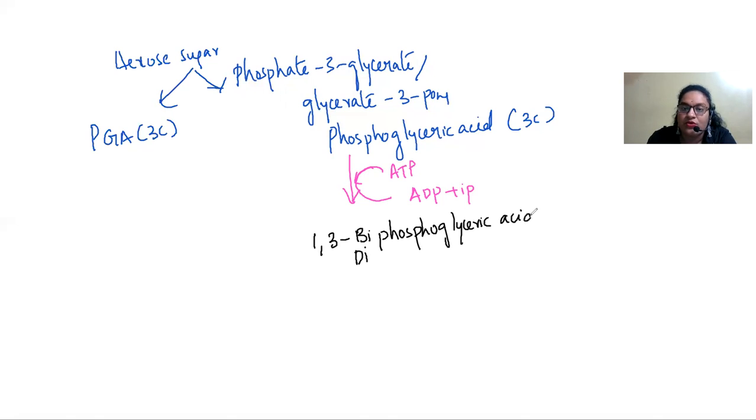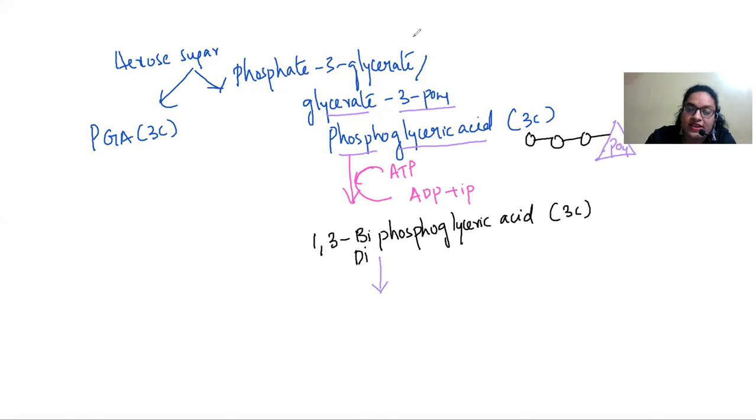Okay, so now this is also a three carbon atom compound. This was also a three carbon atom compound, but it comprised a phosphate molecule attached to the third carbon atom. So we call it phosphoglyceric acid, or glycerate 3-phosphate, because it has a phosphate molecule linked to the third carbon. But now, as you consumed another inorganic phosphate molecule, that is, as you have consumed the energy over here, the inorganic phosphate molecule is going to get fixed here.